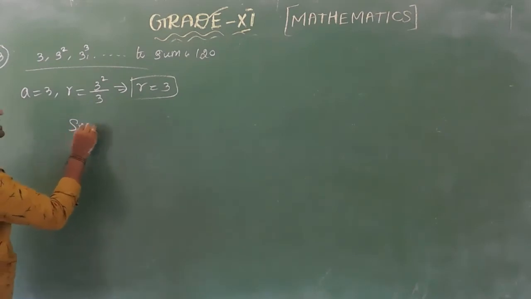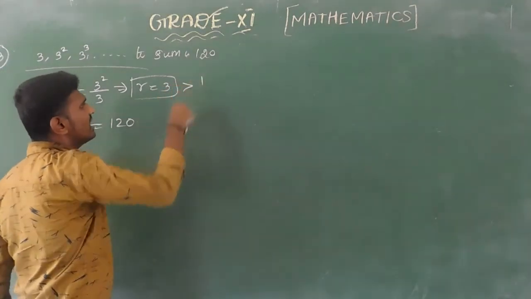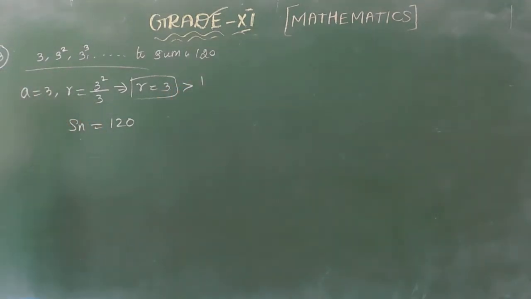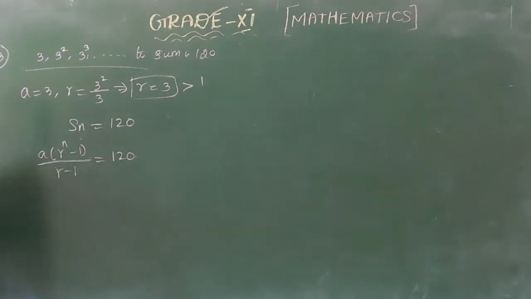Now Sn is given to you as 120. Look at the value of r: it is greater than 1. So when the value of r is greater than 1, you should take the formula a into r power n minus 1 divided by r minus 1, which is equal to 120. Now you have the values of a and r.